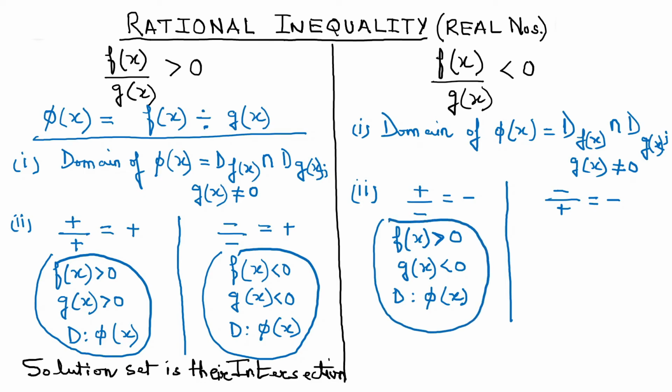And then you take the intersection of all these three. The second case here is when the numerator is negative, denominator is positive, and we take the intersection of both of these with the domain of phi(x). And what is phi(x) here? Just for the sake of understanding, though we have already discussed, phi(x) is nothing but f(x) upon g(x), which needs to be lesser than 0.